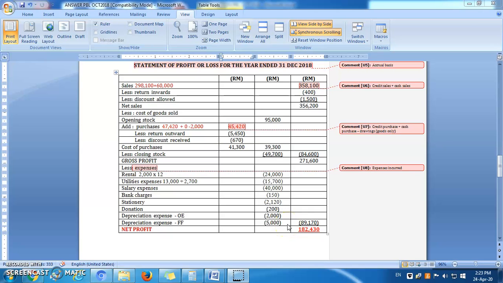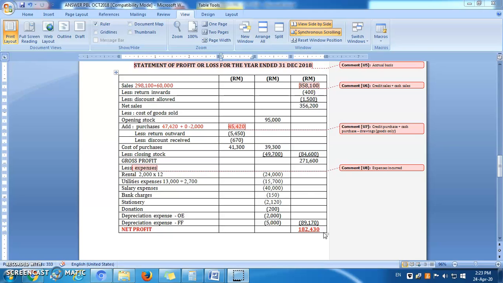In this example, there is no item for other types of income, so you don't have anything here before the expenses. So, finally, we arrive at a net profit for the year ended 31st December 2018.